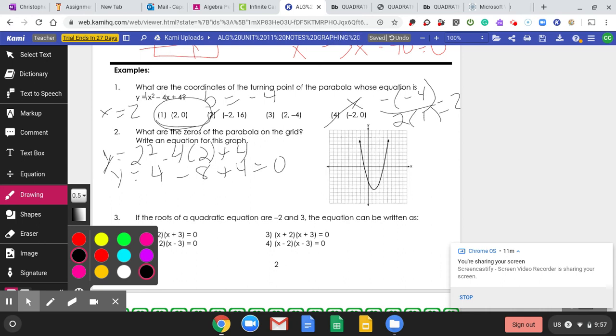Okay, 2 more equations. We have the zeros. Well, the zeros are where it crosses. Once, twice. See if you can figure out what those are. Okay, so those zeros are negative 1 and positive 4.